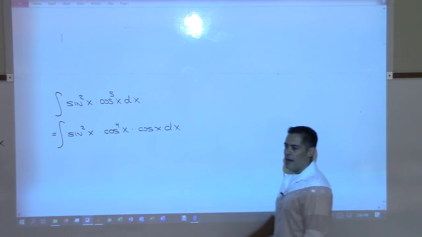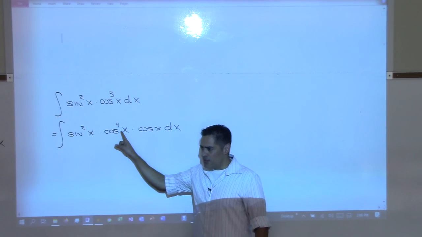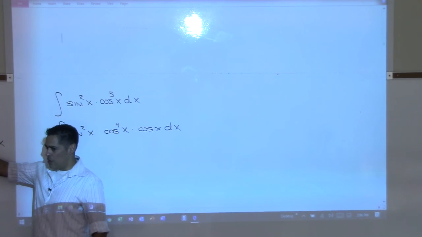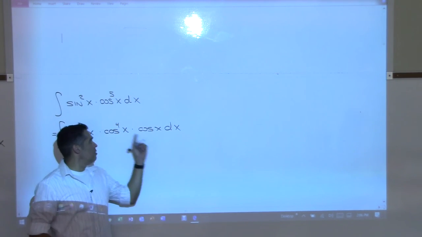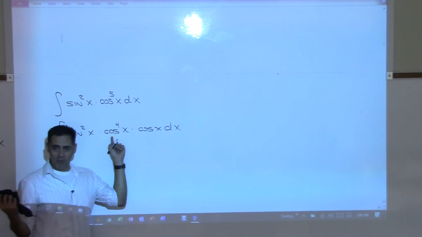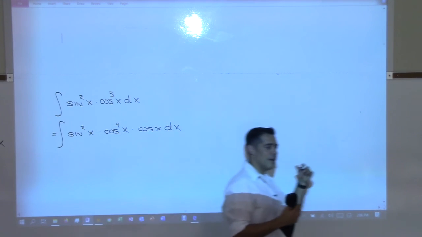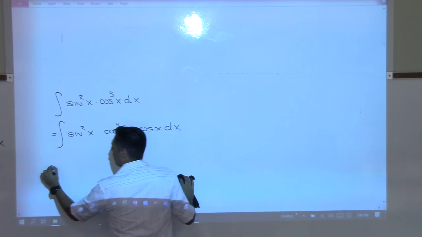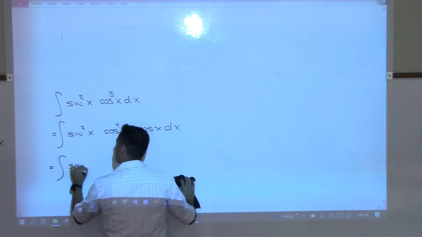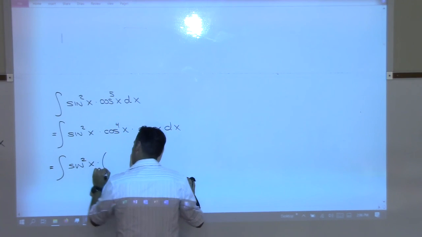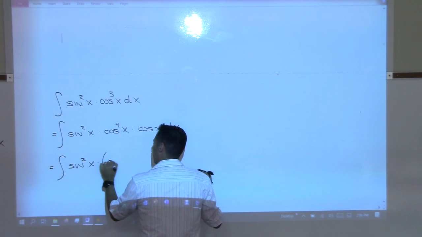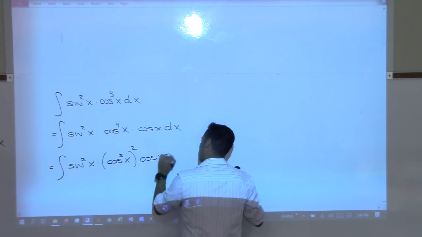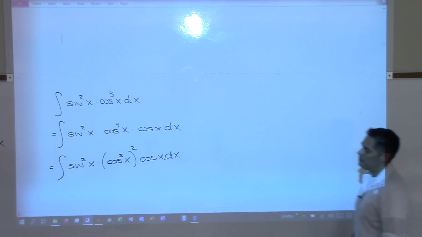And we need to rewrite the even power of cosine using the Pythagorean identity for cosine squared. Unfortunately, it's cosine to the fourth, which means, like what James did just a second ago, we're going to have to rewrite that cosine to the fourth as cosine squared squared. So we're going to have the integral of sine squared x times cosine squared x squared times cosine x dx. So that's where we are.